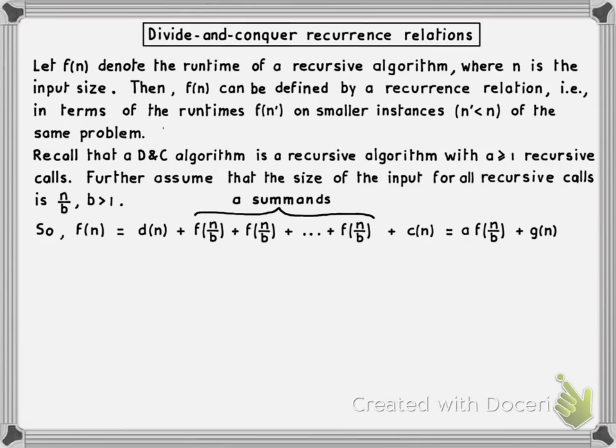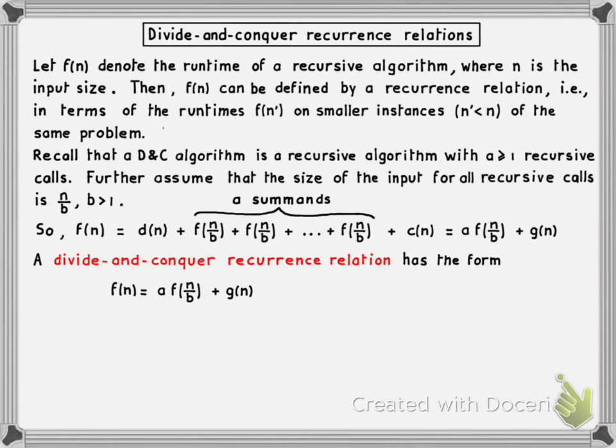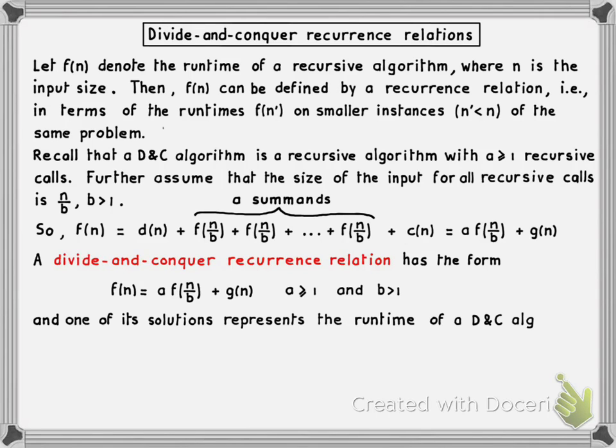So we're going to give a name to these types of recurrence relations. We're going to call them divide and conquer recurrence relations, if and only if they have this form, where a is an integer that's greater than or equal to 1, and b is an integer that is strictly greater than 1. Now, the reason these recurrence relations are important is because once you solve them, what you get is the runtime of the divide and conquer algorithm that we were modeling with that recurrence relation.